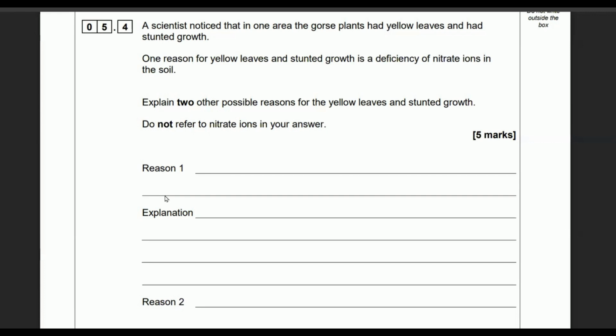So there are other minerals that are needed, and one of them is magnesium. What I need to say, lack of magnesium in soil or in the plant. Magnesium is needed to make chlorophyll.